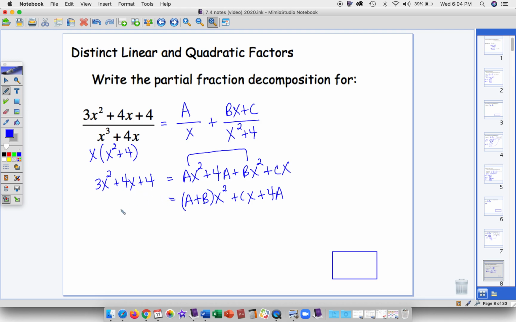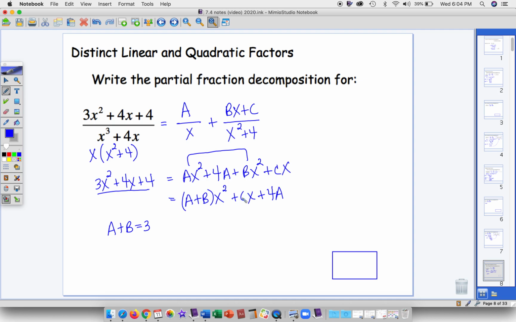So I have this equation on the left set equal to this. In order for these two to be equal, the coefficients must be equal, which means I can set up a system of equations, knowing that a plus b must equal 3.